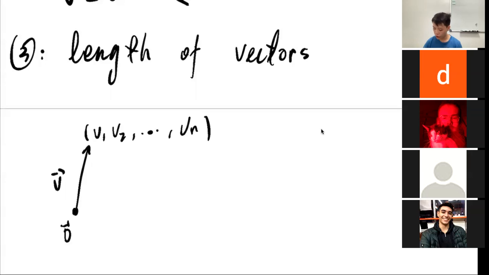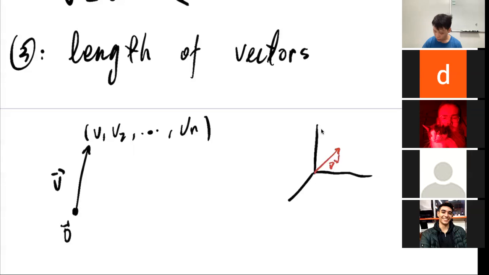In R2 and R3, you can have a visual representation of how we get the length. For example, if we have a vector here, you can break it down into separate right triangles using the Pythagorean theorem.